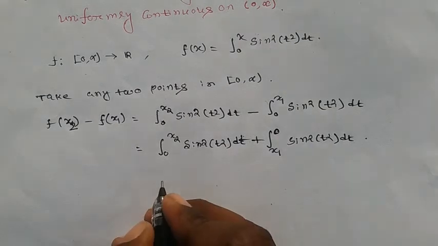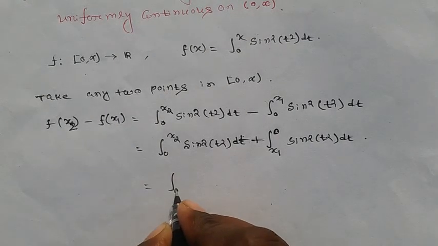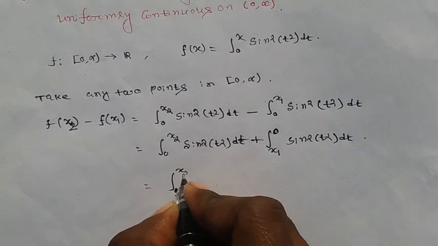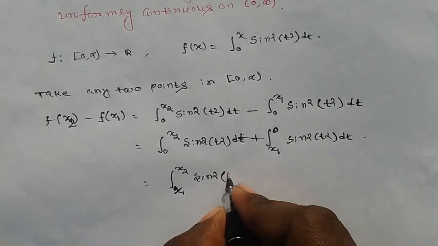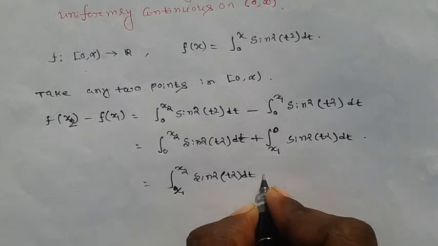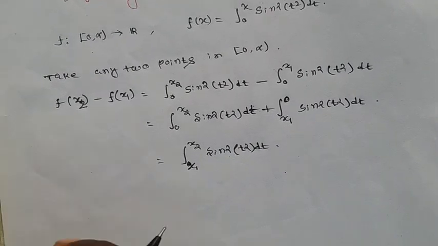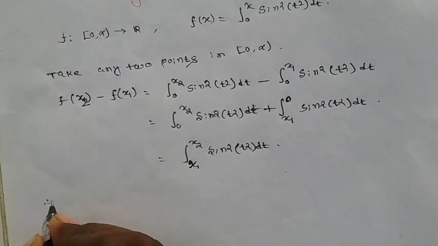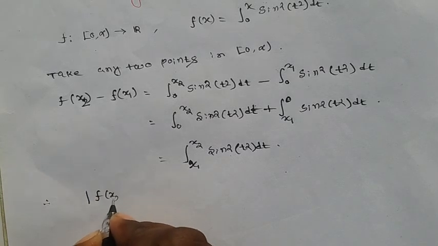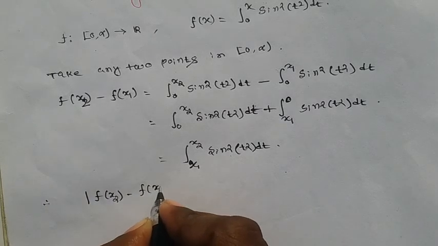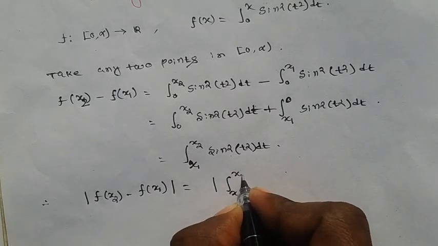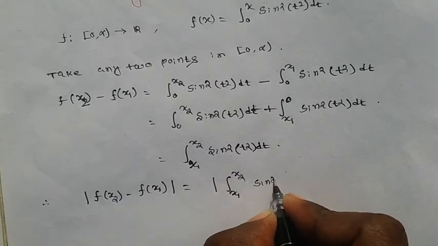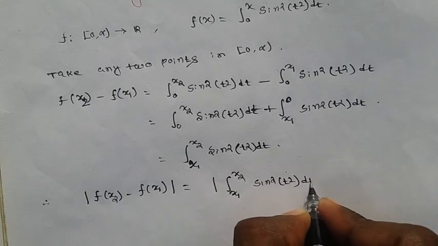So this becomes the integral from x1 to x2 of sin square t square dt. Now we take the modulus. So mod of f of x2 minus f of x1 is the modulus of the integration from x1 to x2 of sin square t square dt.